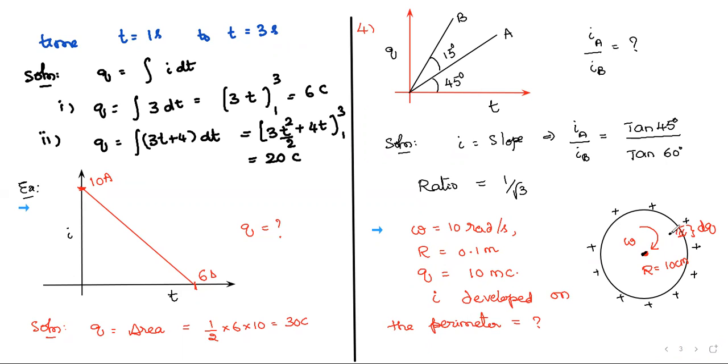Many times we solved this in first year and second year. This is the sector principle. Right, dl is equal to r d theta.